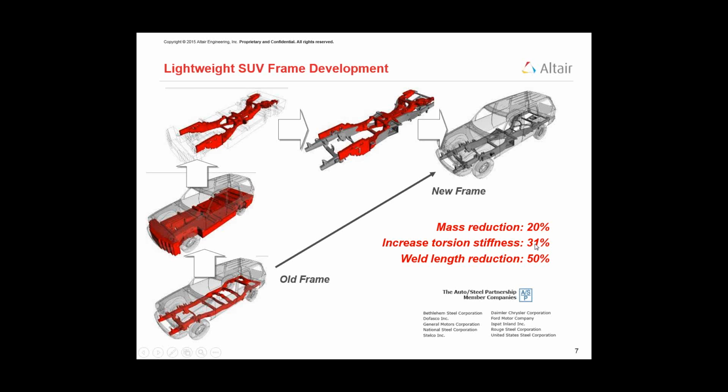We've increased the torsional stiffness by 31%, which is definitely important. And from a manufacturing standpoint, then this is perhaps one of the most important things, weld length reduction of 50%. So 50% less weld than there was on this initial design. These are the types of things that OptiStruct can do for you.